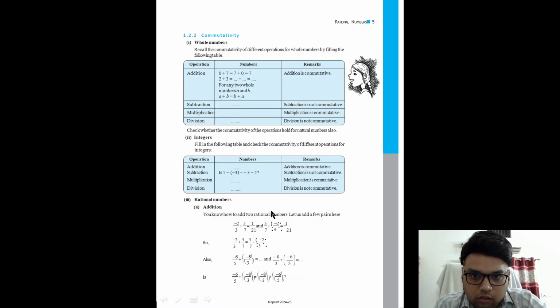Here the commutative property is nothing but that the order of the numbers changes, but the result should remain constant. If we change the order but the result remains constant, then it justifies the property. Just like in the closure property for whole numbers, subtraction and division do not satisfy the property. Similarly here, subtraction and division are not commutative. In integers also, subtraction and division are not commutative.